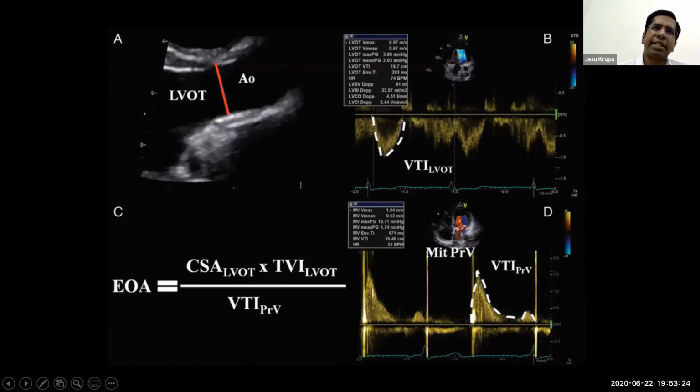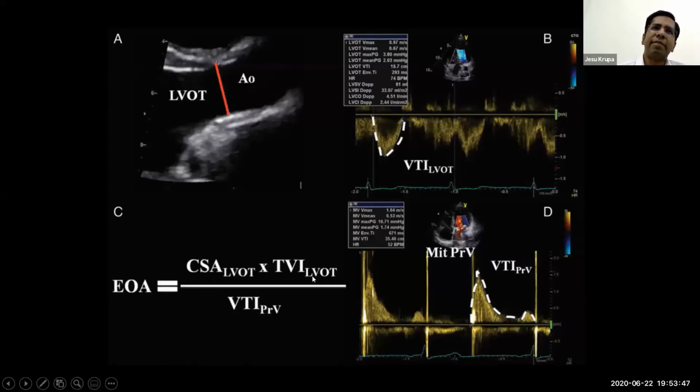So on the numerator, we have LVOT stroke volume, which is a product of LVOT cross-sectional area, which we get by LVOT diameter. From the LVOT diameter, we get the radius of the LVOT, and hence pi r square will give us the LVOT area. That is what we get here as cross-sectional area.